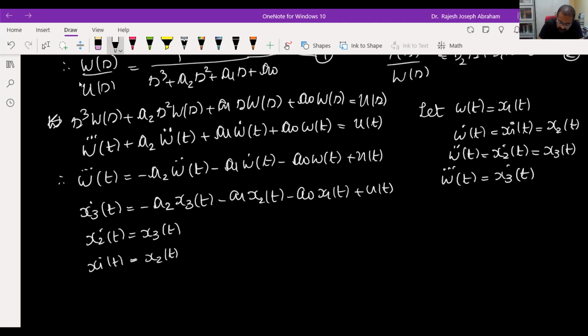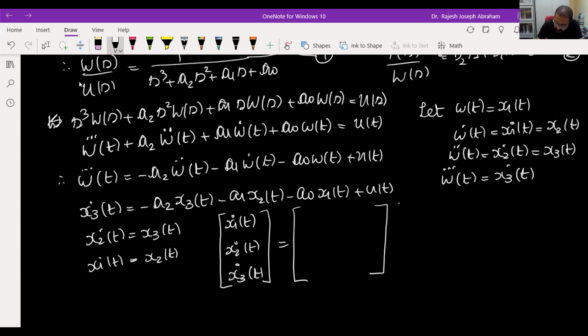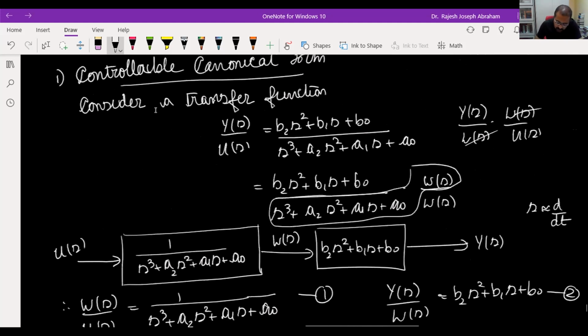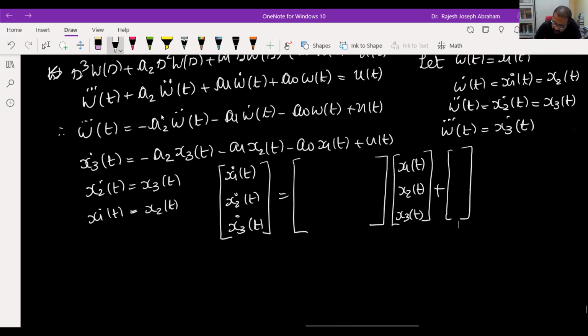So if you arrange in matrix form, what do you get? x1 dot t, x2 dot t, x3 dot t equals some matrix into x1, x2, x3, plus something else, some B into u. Over here, this is u, right? It is into u of t. Now what is x1 dot?